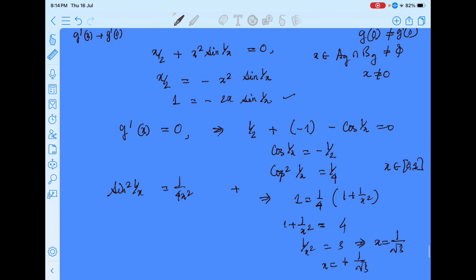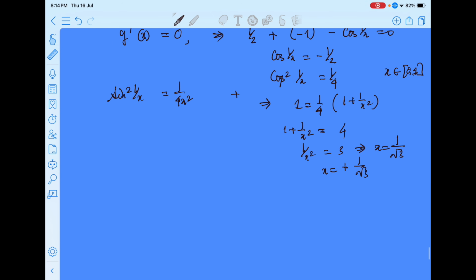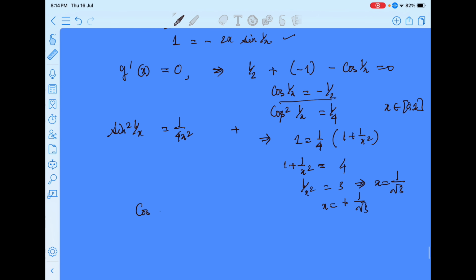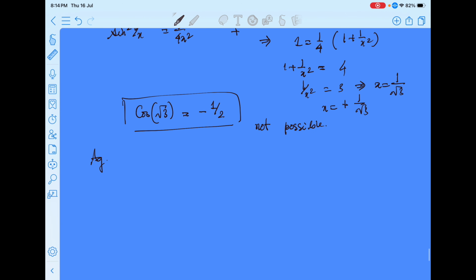So what is the condition then? That means cos, so by this thing, cos(√3) has to be minus half. So that is not possible. So that means AG intersection BG is empty.